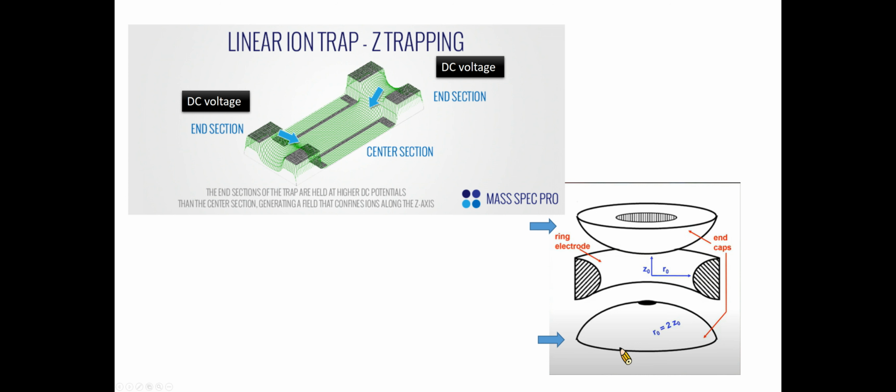For example, if the four rods of the center sections all have a DC component of 0 volts, and positive ions are to be trapped, then the end sections must have positive DC components. This potential difference creates an electric field that prevents the ions from escaping along the trap's long axis.